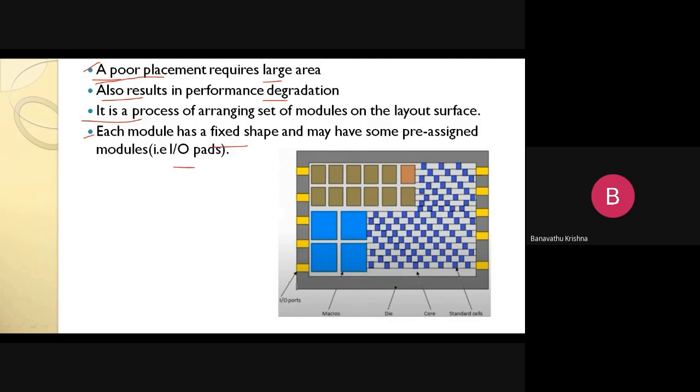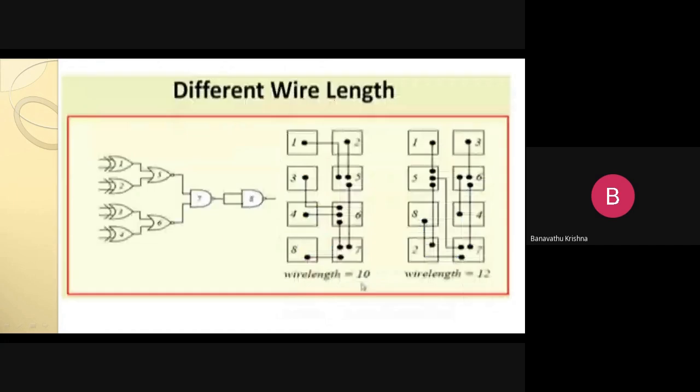The yellow marks shown here are the pre-assigned IO blocks. The die, core, standard cells and macros are arranged on the layout surface by following these techniques. When the floor planning or placement is poor, the area increases and the system performance is reduced.